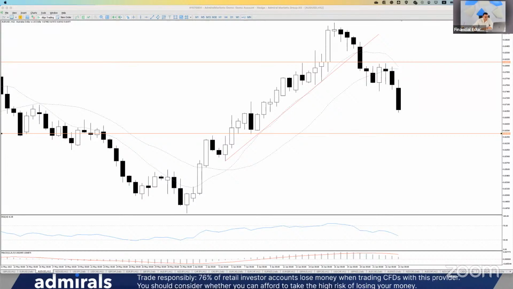So let's check the comments. Ruben asked, can you use Elliott to see if it can be the last trade? You can use Elliott, but to determine if it's going to be the last trade, you cannot say that for sure. In the Elliott wave, it's not just wave 1, wave 3, which is usually the largest, and then wave 4.